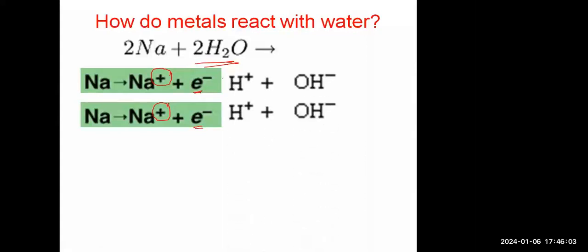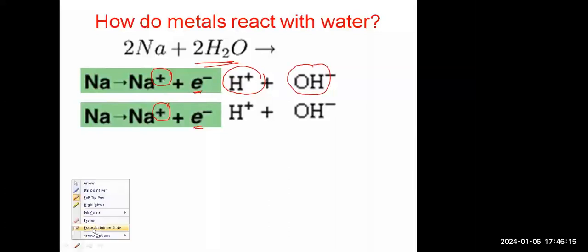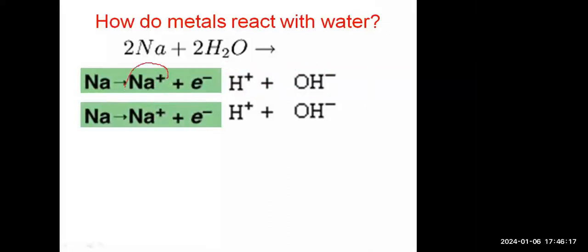So they become a cation, and something similar happens with water also. Water splits into H plus and OH minus ions, right? Now, the Na plus reacts with OH minus. They combine to make NaOH.